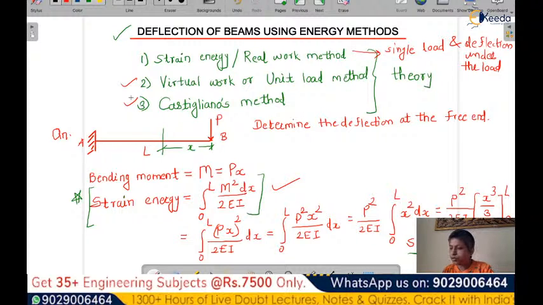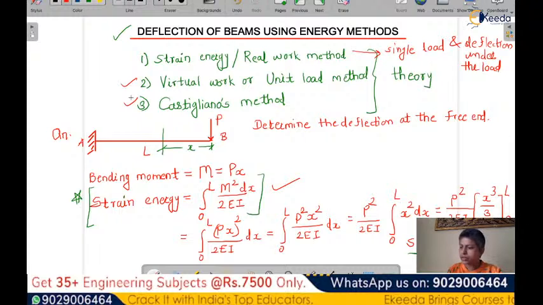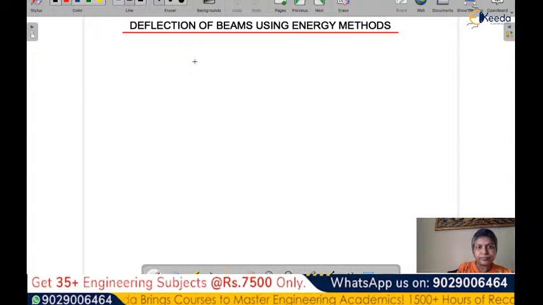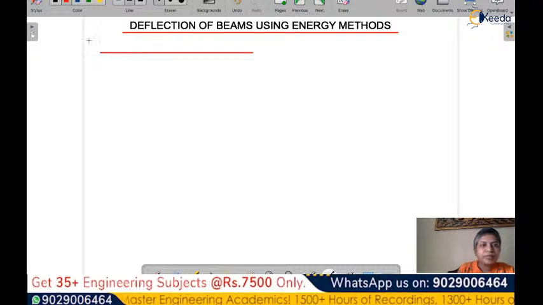So let me just write down the question. Okay, so let's consider one question over here. So this is unit load method.